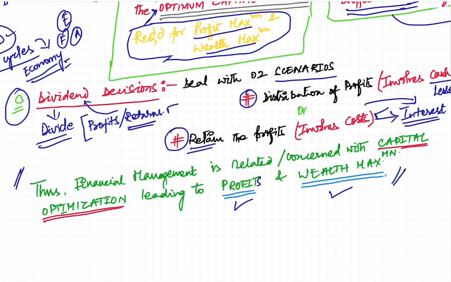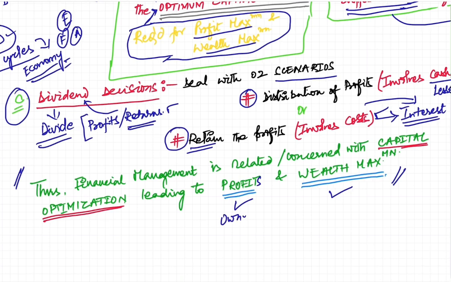Profits for the owner and wealth maximization for the shareholder, right? So always remember, you are doing financial management with the sole purpose of optimum utilization of the available capital, right? Optimum utilization of the available capital.